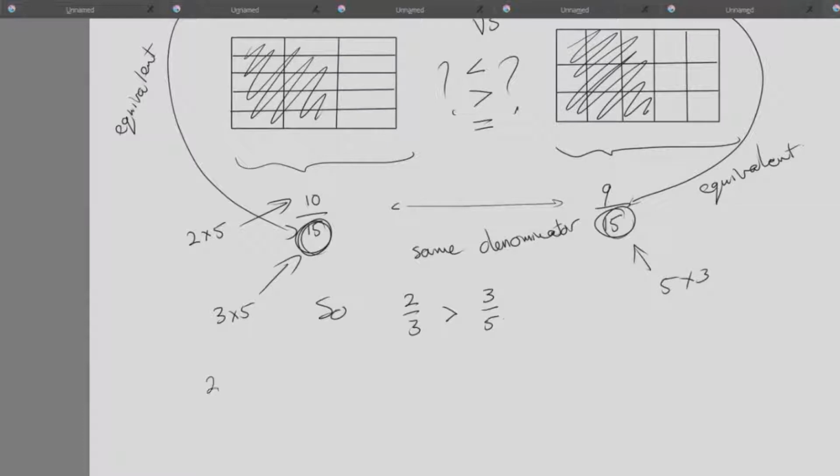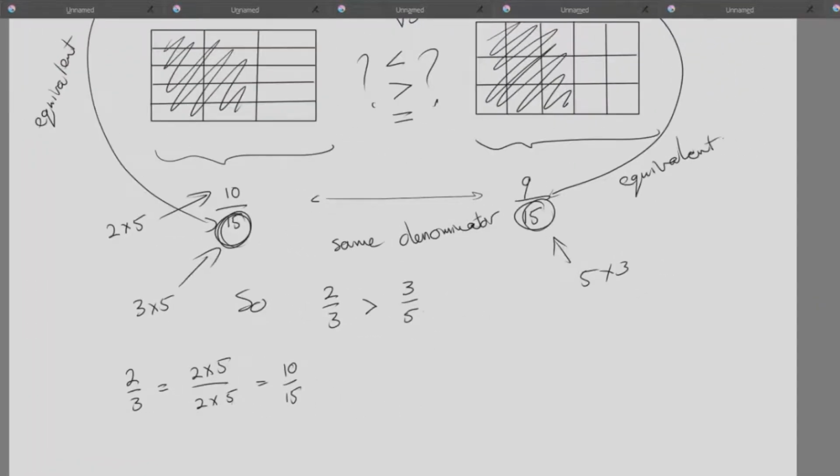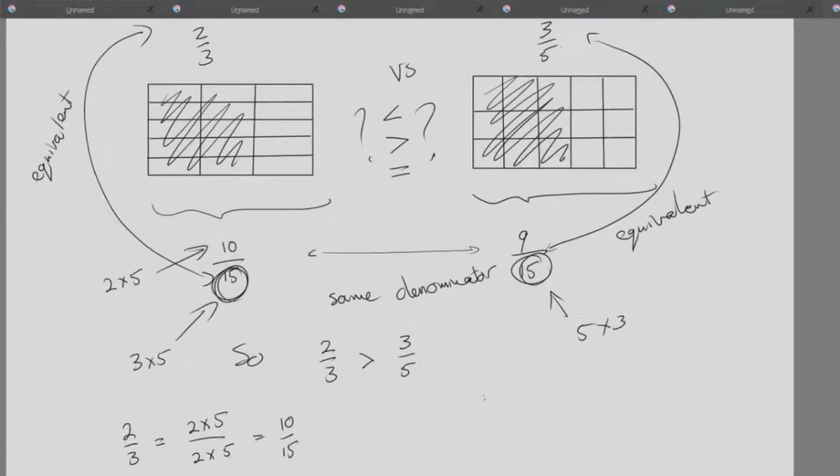So if I have a fraction 2/3, it seems like I can multiply the top and the bottom by the same number, and I'll get an equivalent fraction. Same thing here. I took the top fraction and I said, well, the quantity doesn't change.